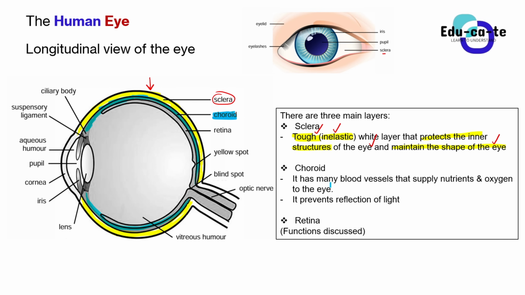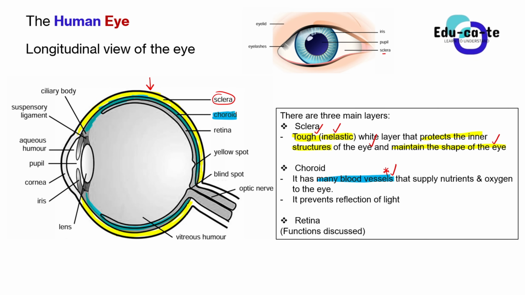The choroid layer has got many blood vessels. The sclera is a white part with no blood vessels, but the choroid has got many blood vessels. That's an adaptation, a feature that this eye has got. What is the main function of those many blood vessels?